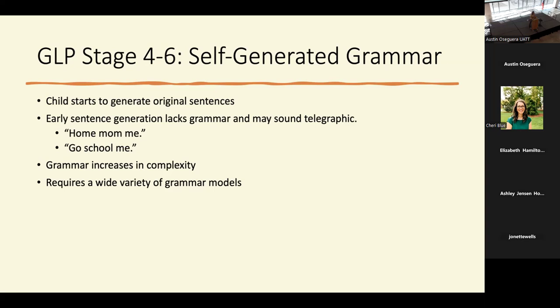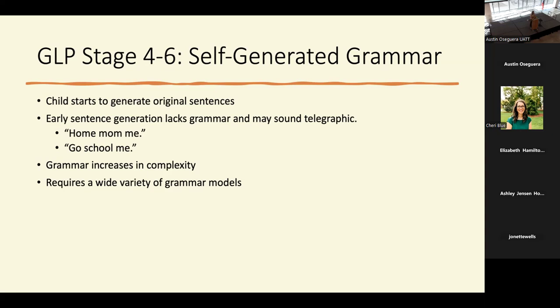So they might sound really telegraphic, like home, mom, me, go, school, me. And they might have been saying, let's get ready to rumble before. And that sounds really sophisticated, but this is actually progress. So it's about thinking, what does progress look like for these kiddos?